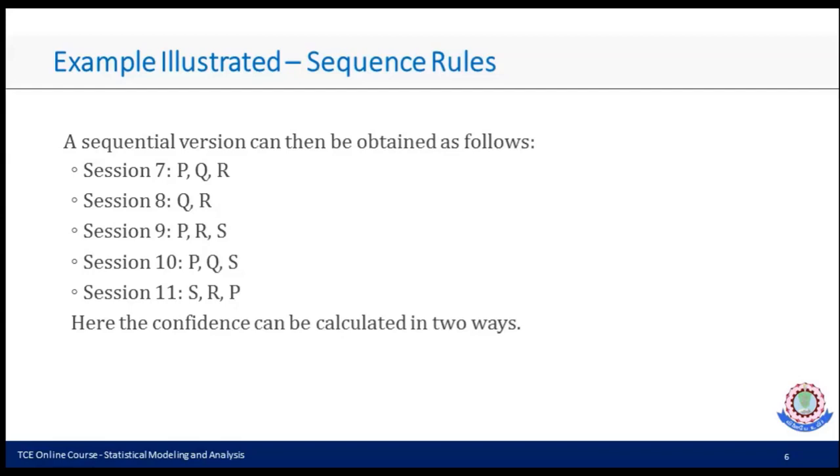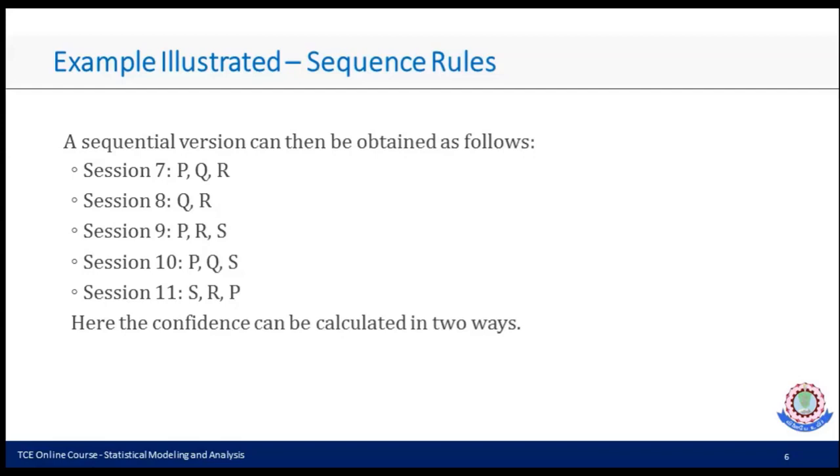Session 7 has page visits in the order P, Q and R, session 8 has the sequence Q and R, and session 9 has the sequence P, R followed by S.